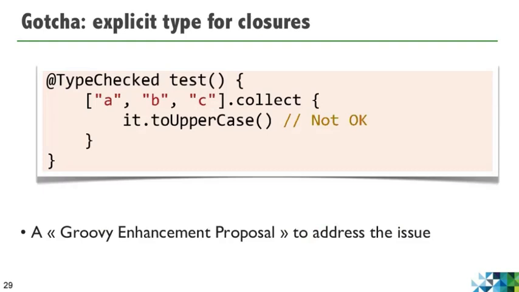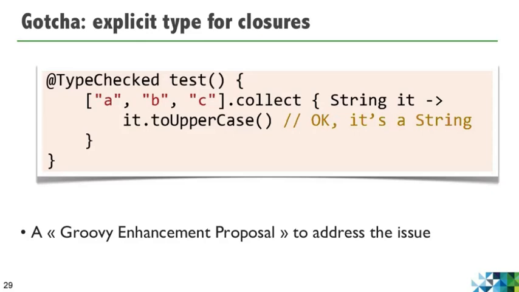There's also a little gotcha with methods like collect on collections, because here it's a case which is quite explicit, but the list that you have here could be coming from a parameter or from elsewhere, from the return type of another method, etc. So the static type checker cannot always know on what kind of elements it's going to work inside that collect iteration. So here, instead of saying collect it.toUpperCase, you have to explicitly define the type of the closure parameter.